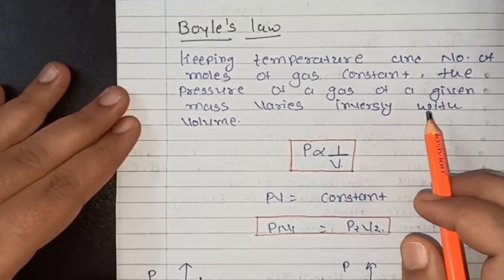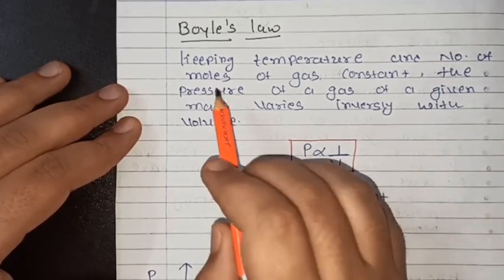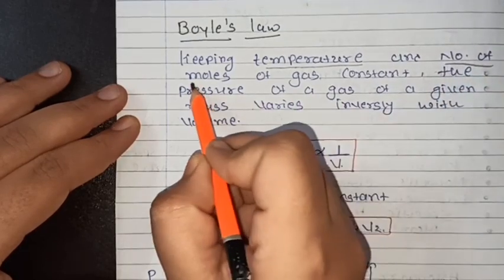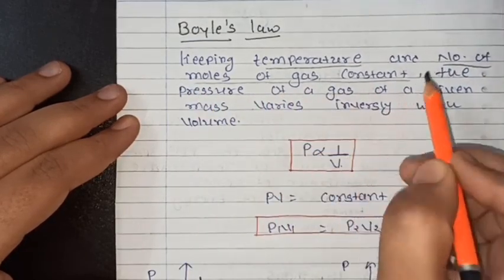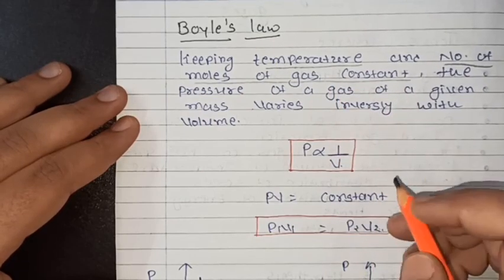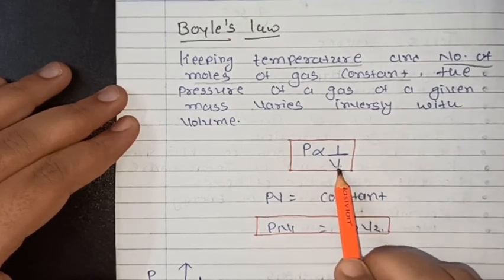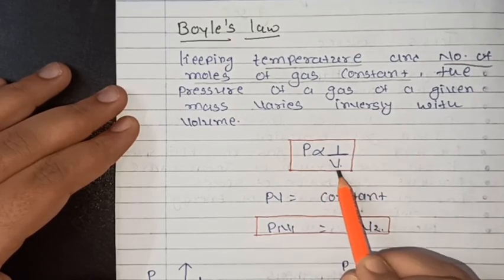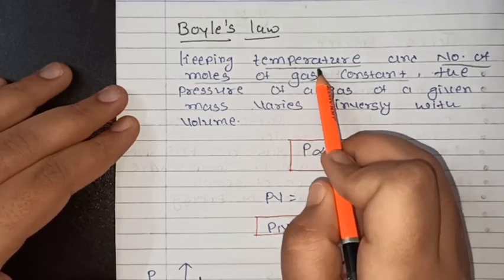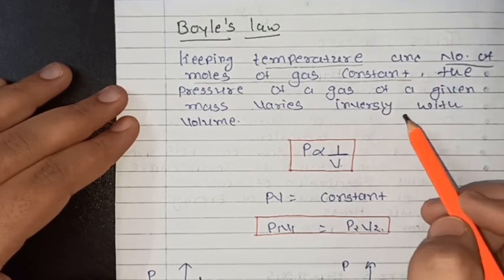The first law for gases is Boyle's law. Boyle's law states that keeping the temperature and number of moles of gas constant, the pressure of gas is inversely proportional to volume, that is P is inversely proportional to V. Remember, in this case we are keeping temperature, number of moles and mass constant.